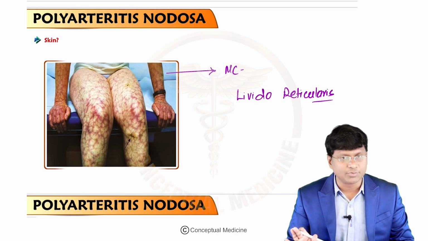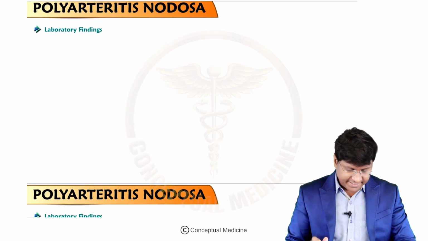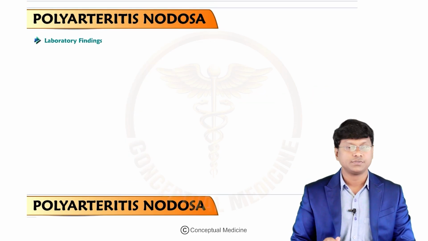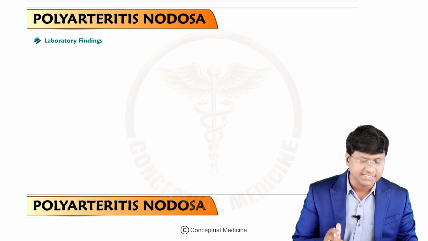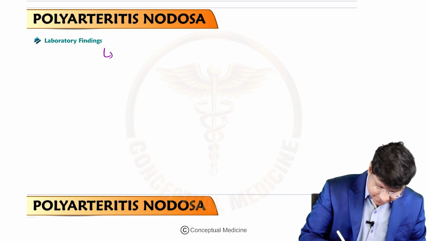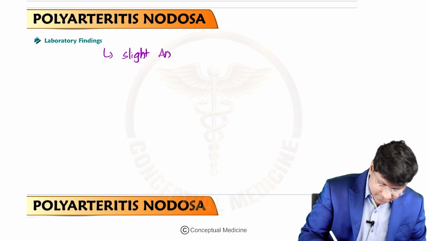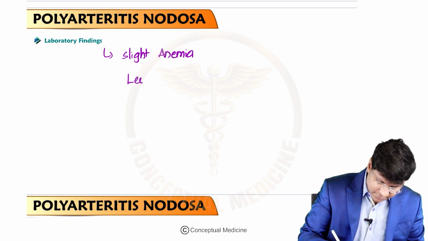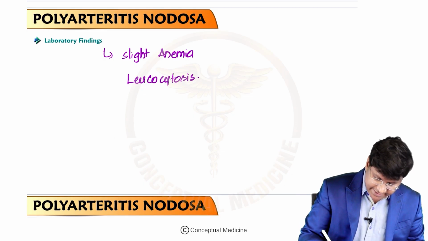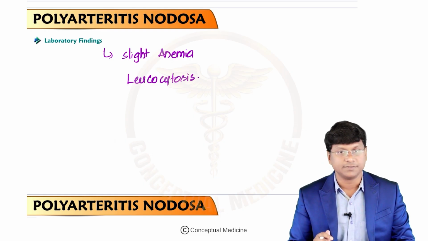Now, after having discussed the clinical manifestations, let me discuss the laboratory findings. Most patients with polyarteritis nodosa have slight anemia, and leukocytosis is common.